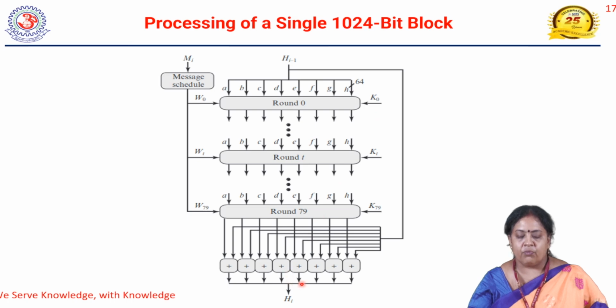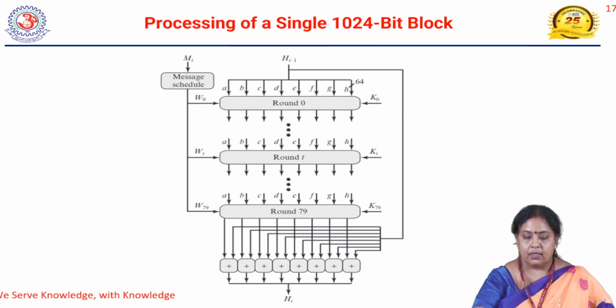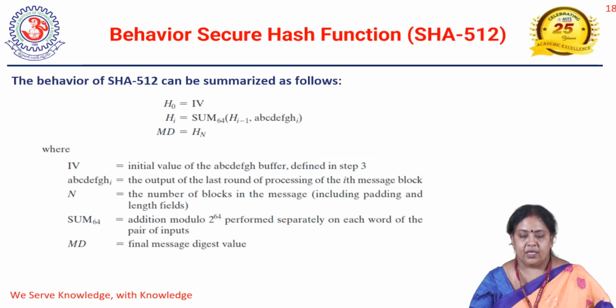So whatever we get at the end of the nth block is the final output, that is a 512-bit hash code. I hope it is clear. Okay, we will see the behavior. First, there is no hash buffer. We are just going to initialize, that is H naught, and the initialization vector will be taken.